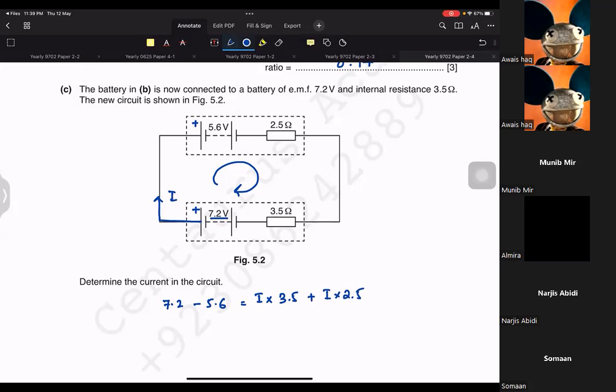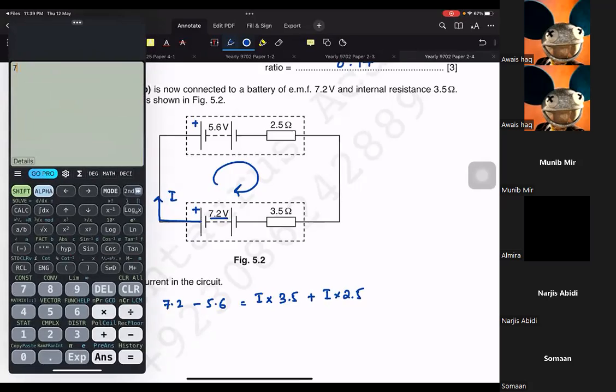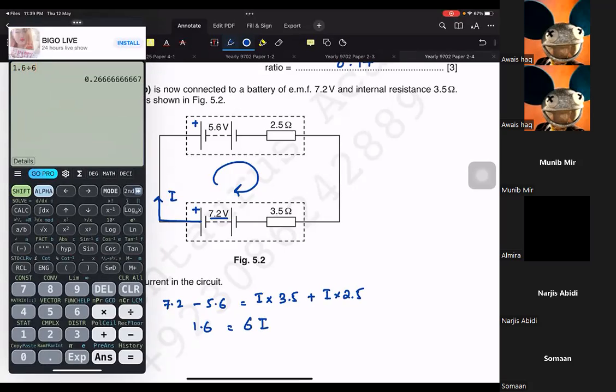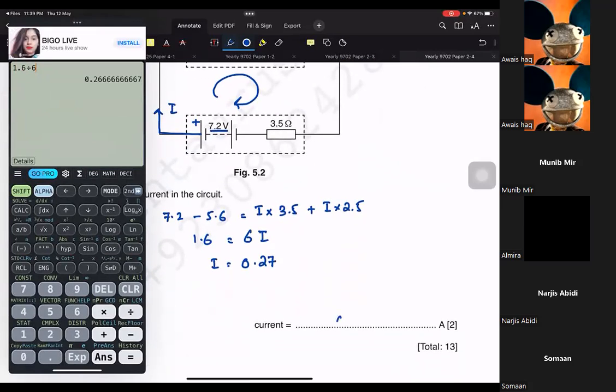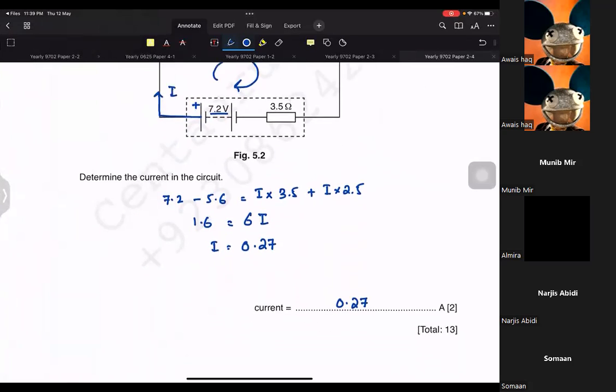So what you're going to do? 7.2 minus 5.6 is 1.6. 3.5 plus 2.5 is 6I. So 1.6 divided by 6 is 0.27 amperes. If you have any questions, please let me know.